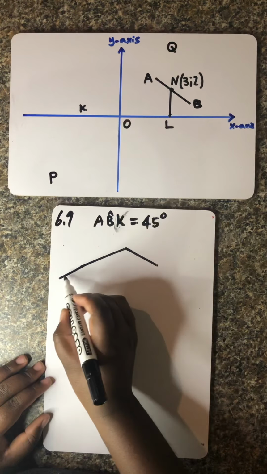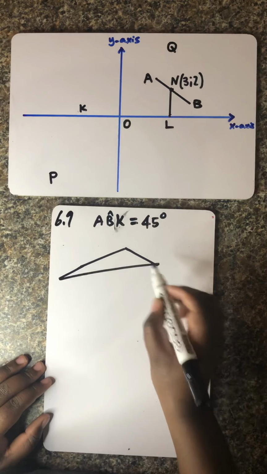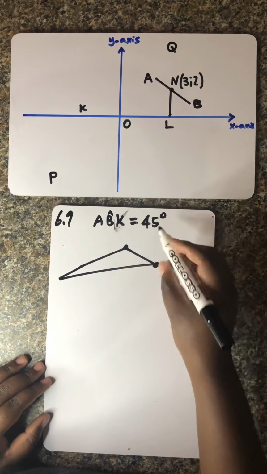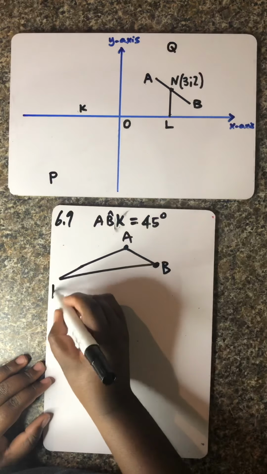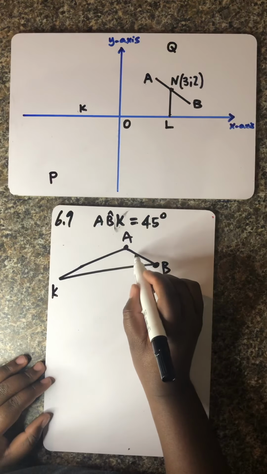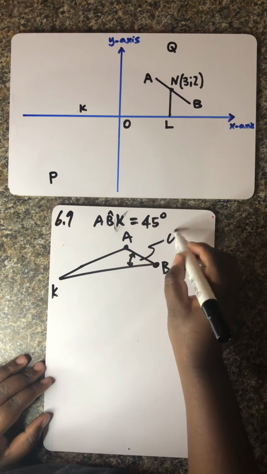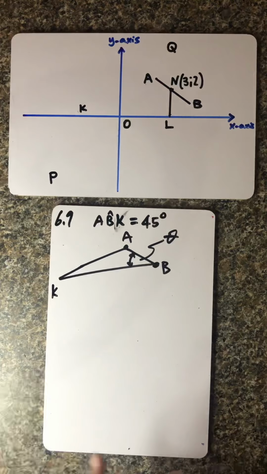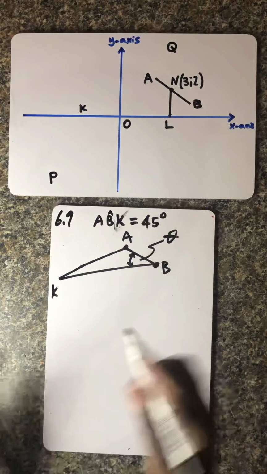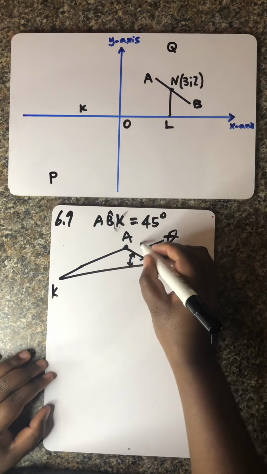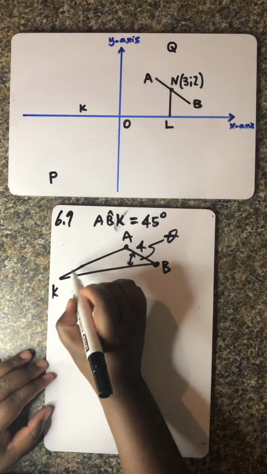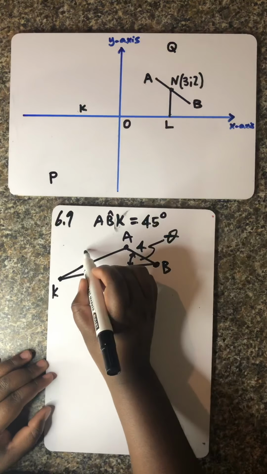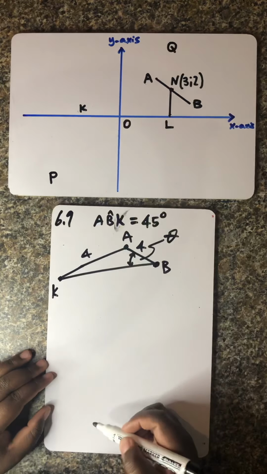Obviously this is A, this is B, and this is K. The angle that they want is that angle, which we can call angle theta. Remember, we already know that from there to there it's 4, and from there to there it's 4 units.